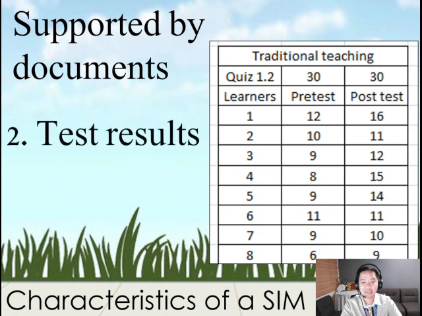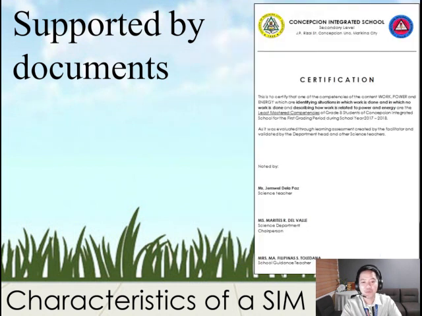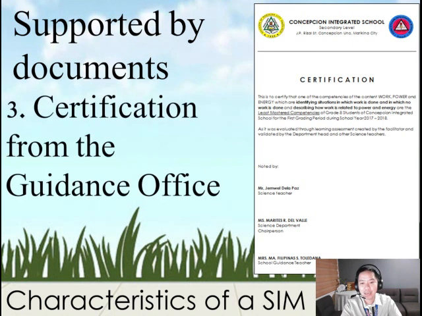Second, the test results. Here we can identify the least master skill. Once determined, you have to make communications with your guidance teachers, guidance counselor to certify the least master skill.